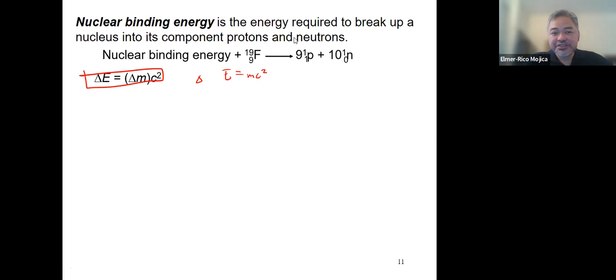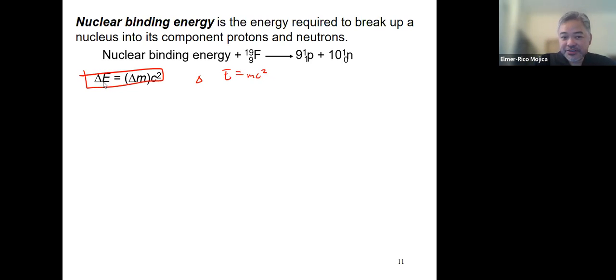Based on the nuclear binding energy, the energy required to break up a nucleus into its components, protons and neutrons. So what does it mean? When your atom breaks down into its subatomic particles, they found out that it can be a source of energy.